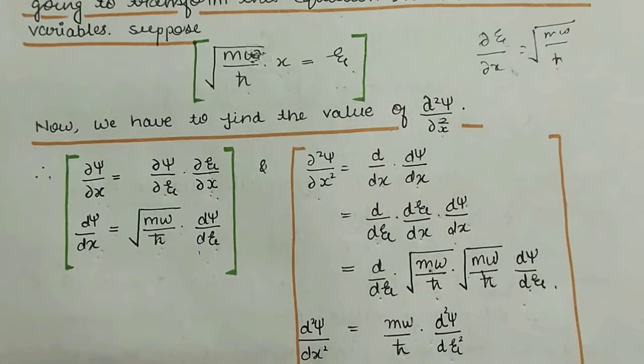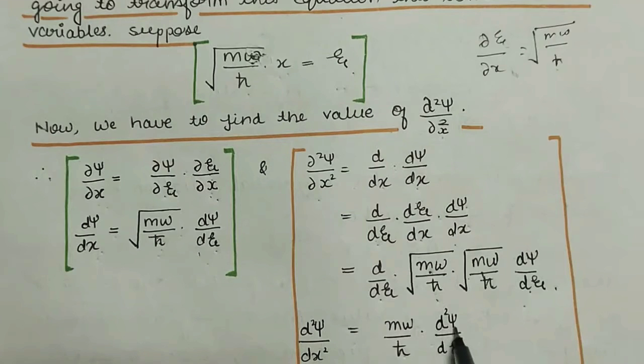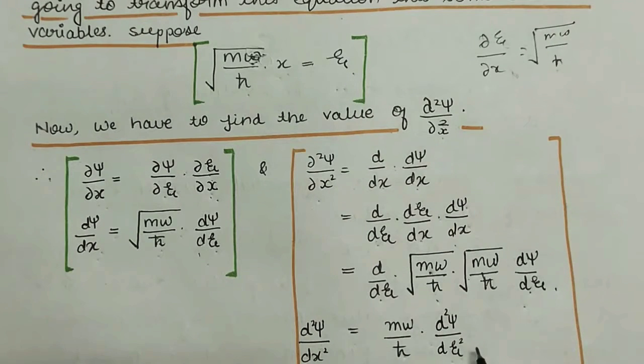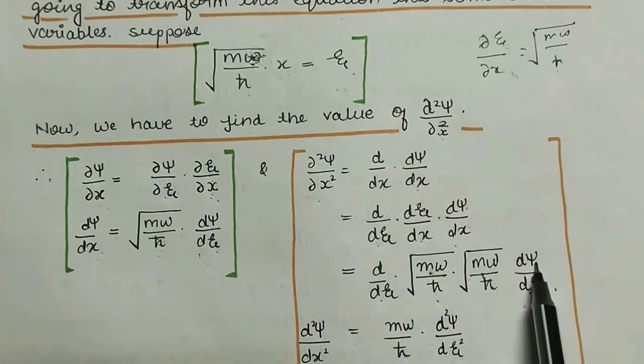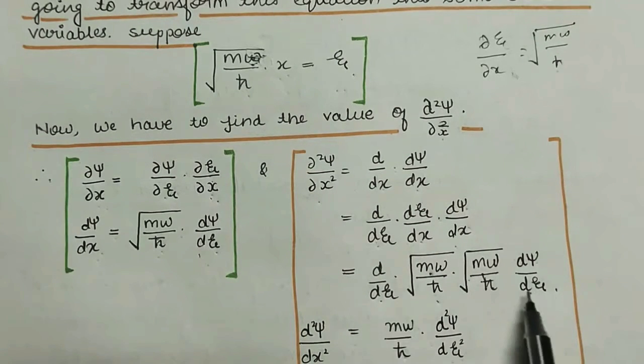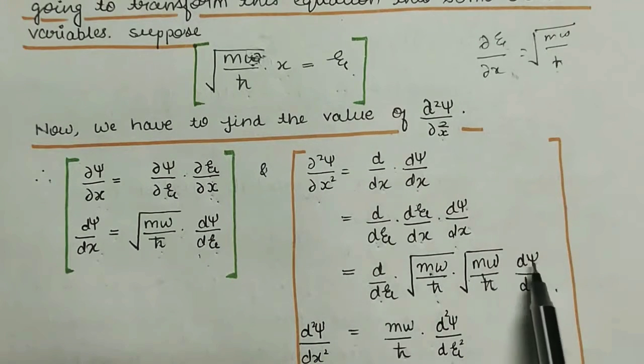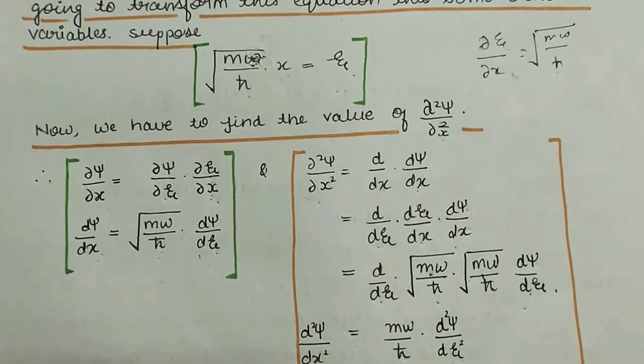Okay, if you have a question about how del 2 psi upon del xi squared could come, d and d, this is del squared psi, and del xi and del xi, this is del xi whole squared, so del squared psi upon del xi squared, here it comes.